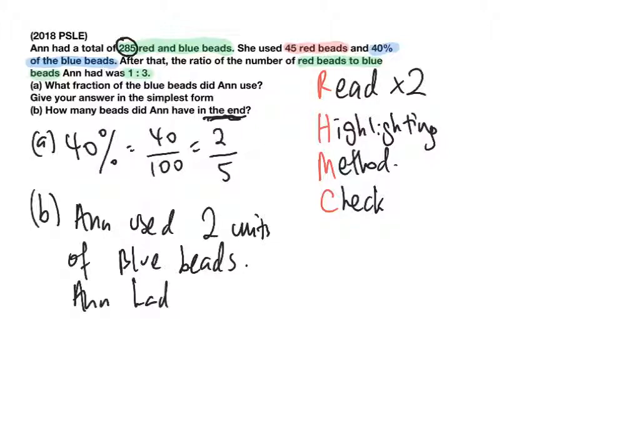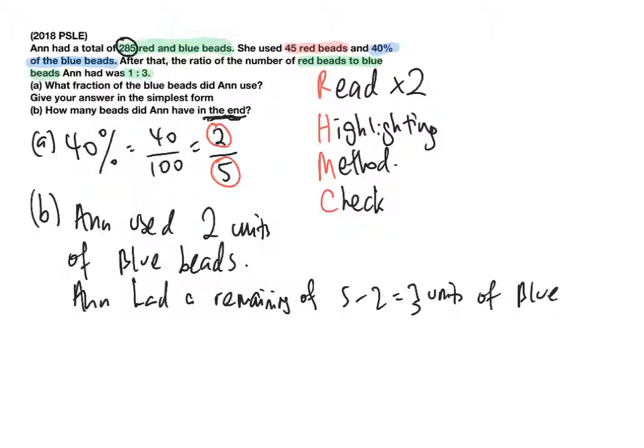From the first answer, we know that she used 2 out of a total of 5 units of blue beads. So Anne had a remaining of 5 minus 2, which equals 3 units of blue beads left.